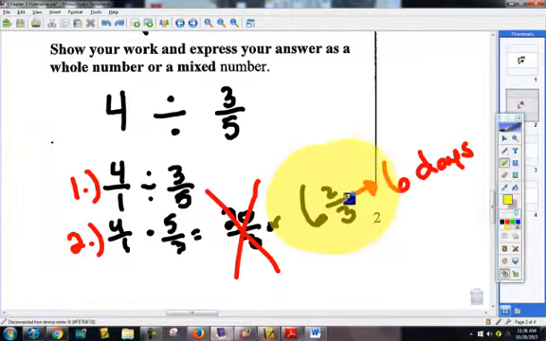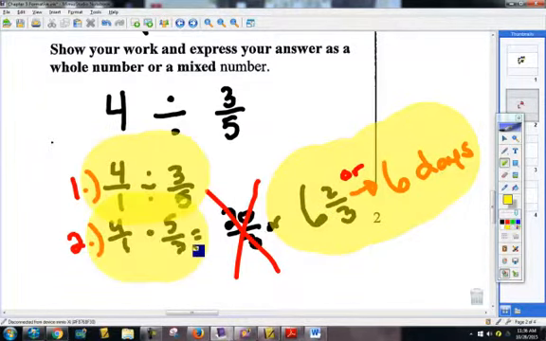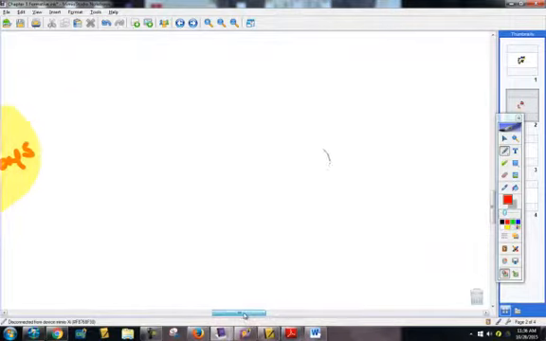Technically, if I asked you how many days it's going to last, there are partial days, but it's kind of weird to think about. So I will accept either one of those. If you left it as 6 2/3, or if you made it 6, I accept that. Now, here, you got to have that work that's highlighted. Everybody clear on that?